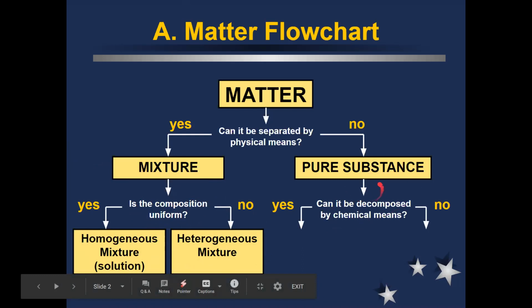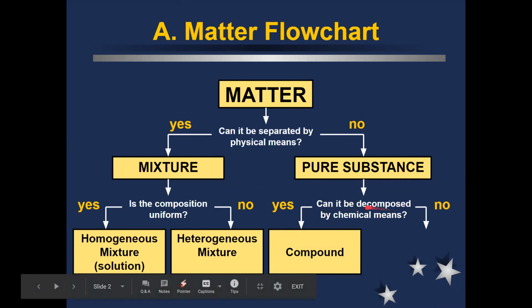On the other side, if we have a pure substance already, then we can think about it in two ways. If it's made up of different atoms that have bonded together, so they have either an ionic bond or a covalent bond that's sticking them together, like we were talking about on Tuesday, then we have what's called a compound.